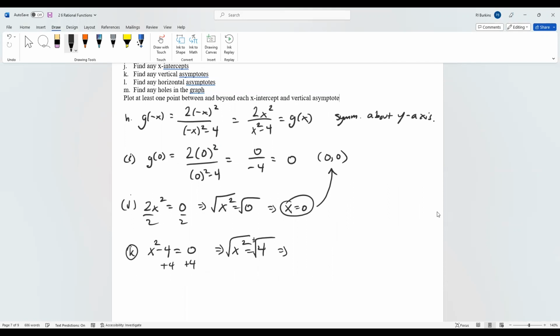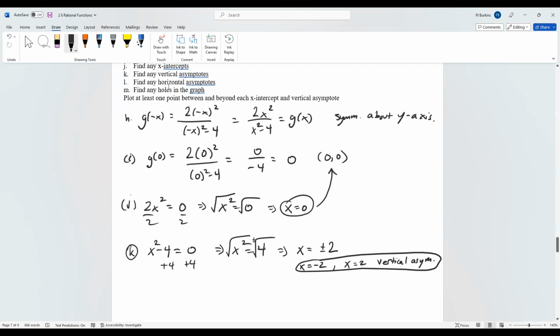Remember, we get plus and minus. So this is x equals plus and minus 2. So we have 2 of them, right? It's x equals negative 2 and x equals 2. And these are our vertical asymptotes.